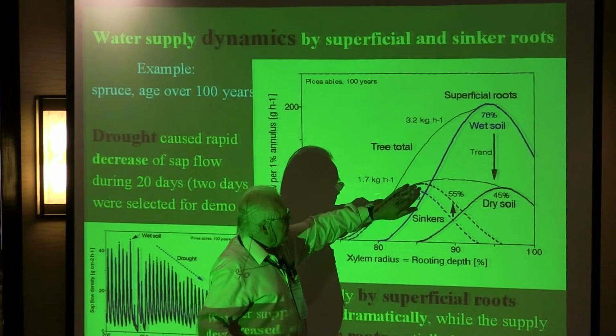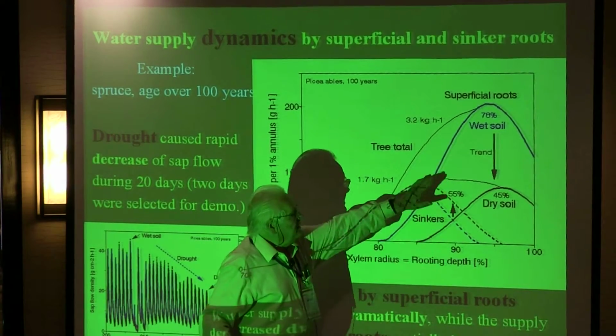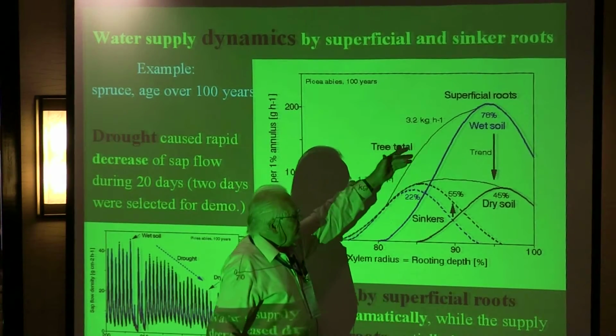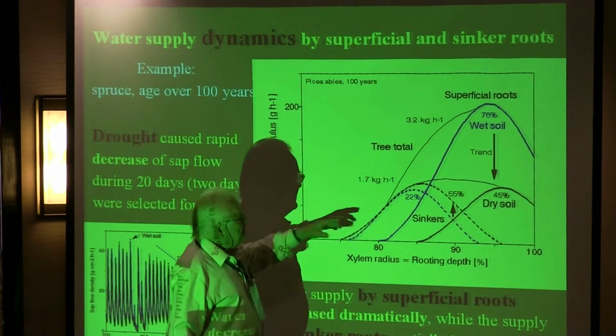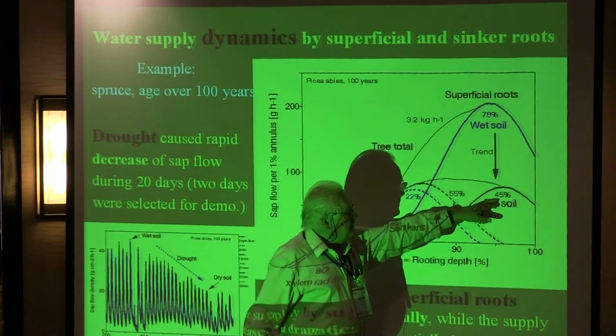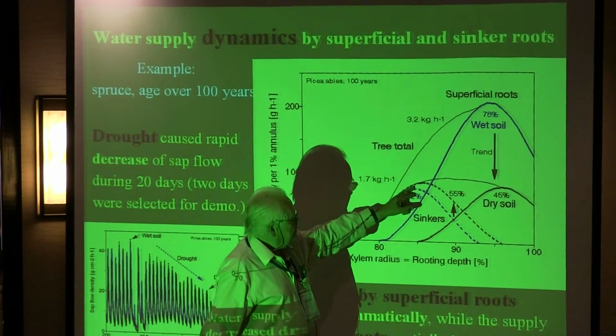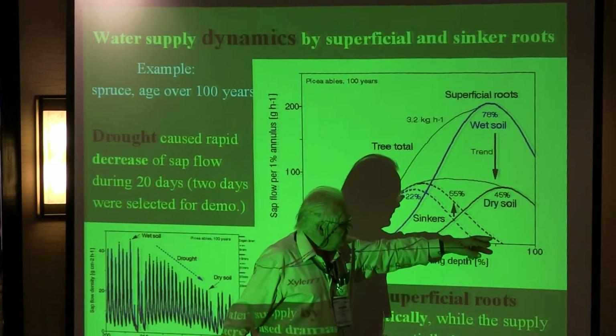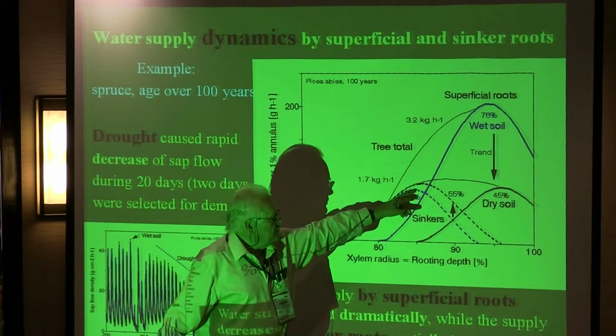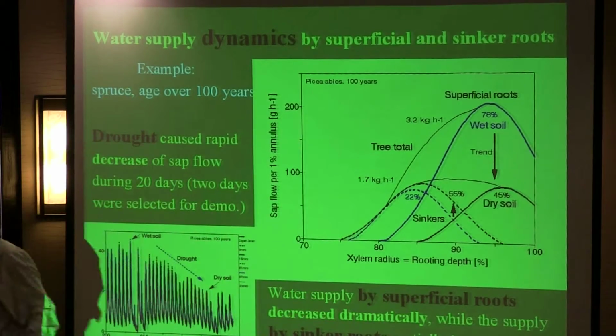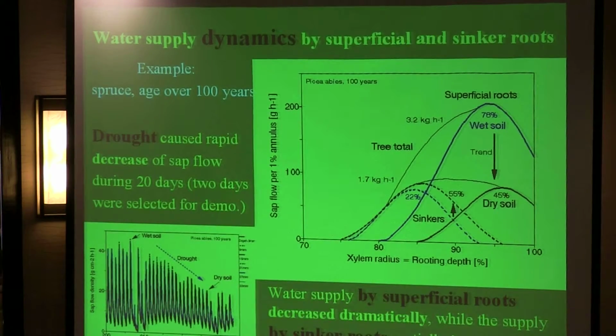This represents about 20%, and this represents about 80%. Now, after 3 weeks, this decreased, and it was conducting less water than this. And the sap flow rate from the deeper roots increased a little bit, compensating for the lack of water in the surface soil.